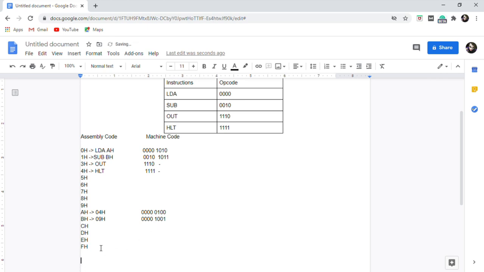So the output is generated by OUT, which will be 09H minus 04H, which is equal to 05H, and then in binary, which is 0101. So this output is generated by this OUT instruction.